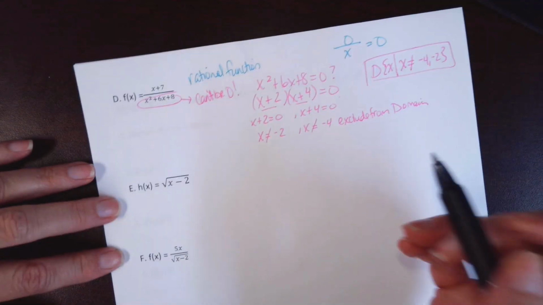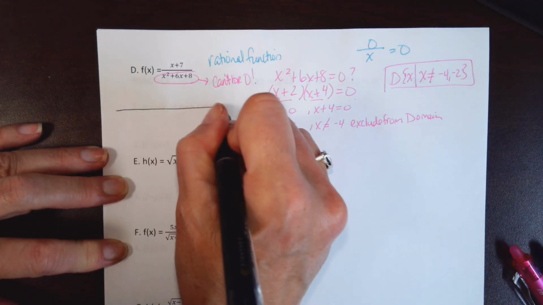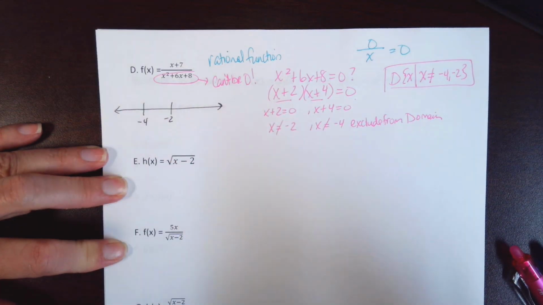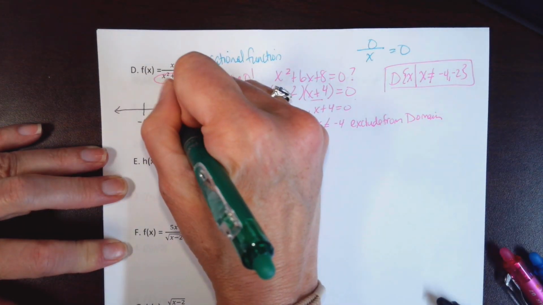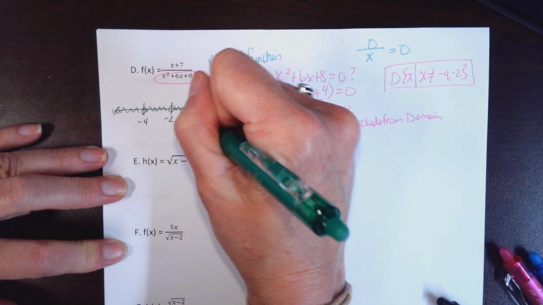That's my domain, but I don't think my math lab lets you get there yet. So here's what we're going to do. We're going to say, okay, my domain can be anything except -4 and -2. Can't be -2, can't be -4. It can be all of these other things.